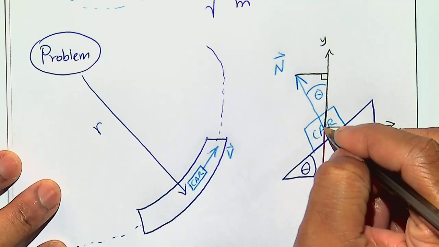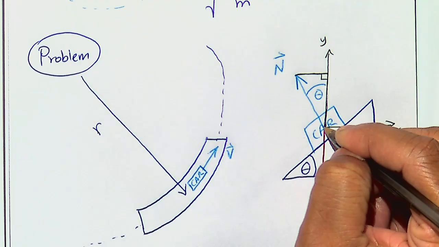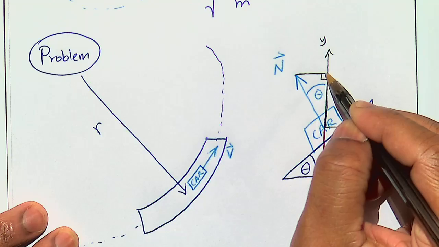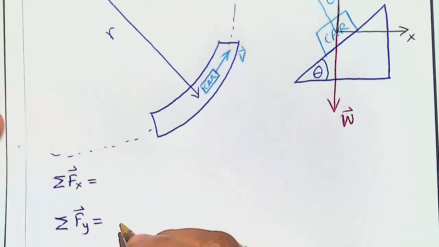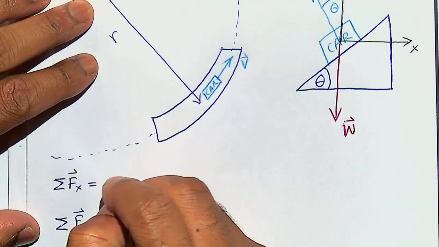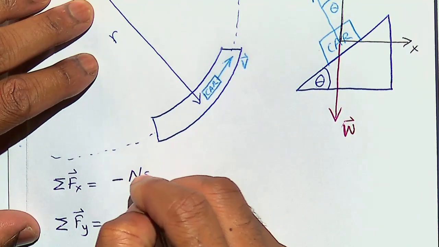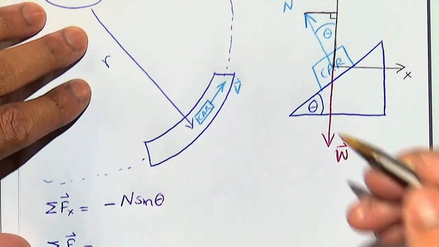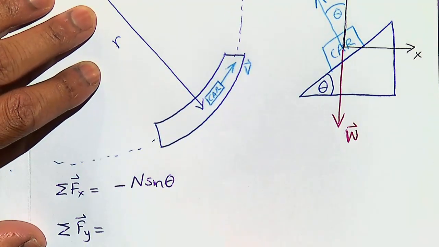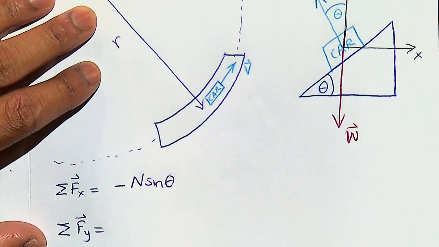So from the center of your coordinate system, how do you get to the end of the normal force vector? You have to go in the positive y direction and go in the negative x direction. So the x component will be negative normal force sine of theta, right? Why sine? Because here's the angle, here's the opposite side we're trying to solve for. And that's the only force in the x direction.